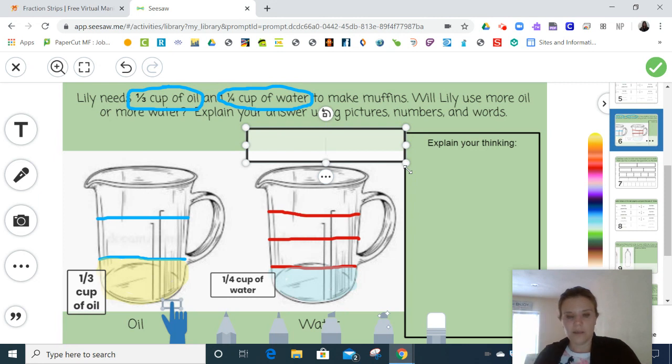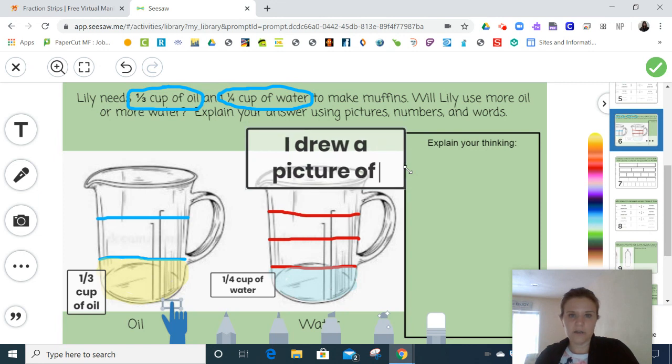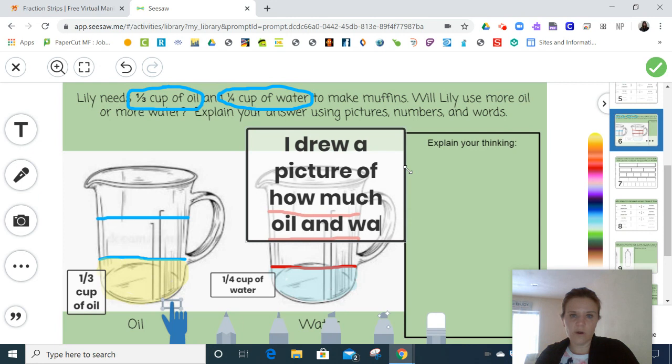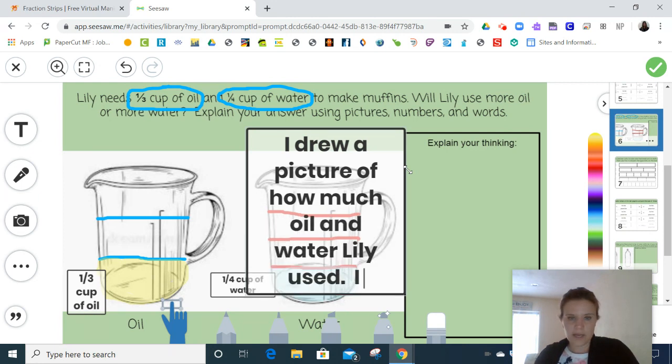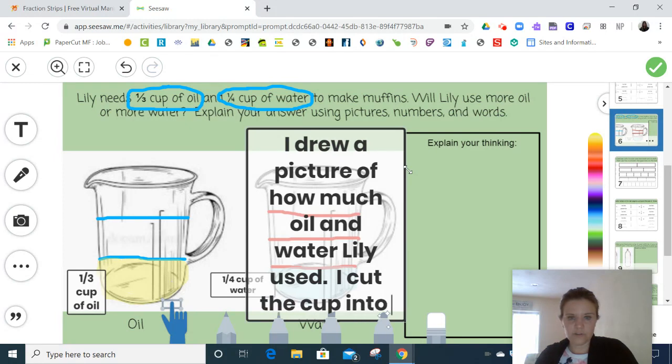So, all right. I drew a picture of how much oil and water Lily used. I cut the cup into 3 equal parts.